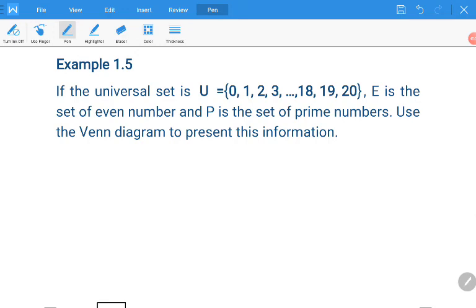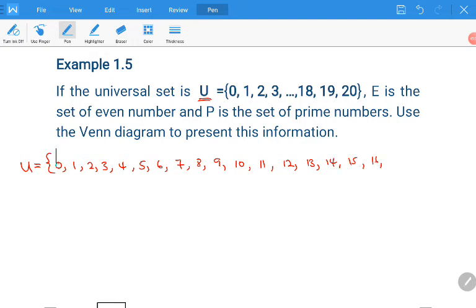Okay, so U can also be used as a universal set. So our U is equal to 0, 1, 2, 3, 4, 5, 6, 7, 8, 9, 10, 11, 12, 13, 14, 15, 16, 17, 18, 19, and 20.